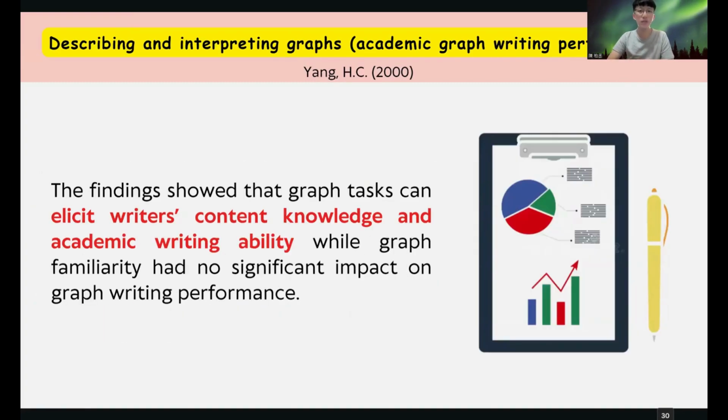And the next one is about academic graph writing. The research showed that graph tasks can elicit writers' content knowledge as well as academic writing ability.